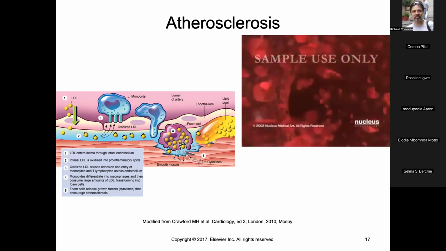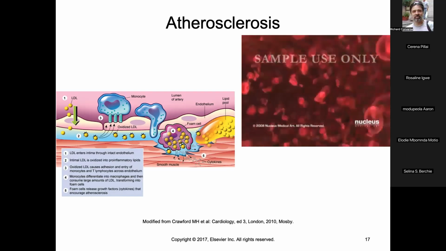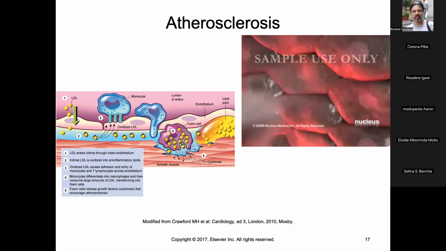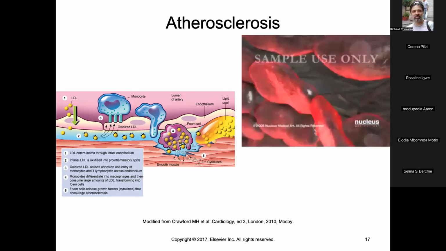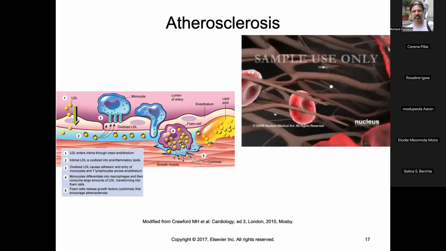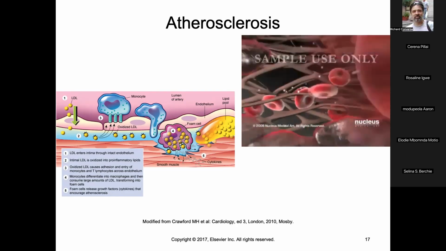Although the exact causes of atherosclerosis are not clear, many scientists think it begins with damage to the inner wall of an artery, called the endothelium. Over time, substances traveling in the blood, such as cholesterol, fats, and cellular waste products, accumulate inside the damaged area of the arterial wall.